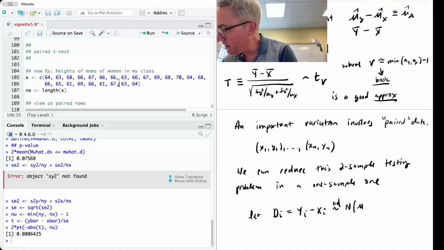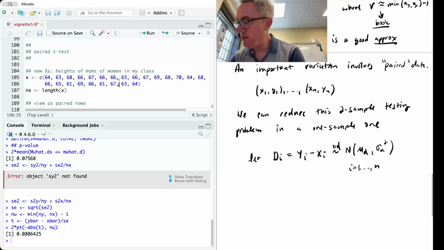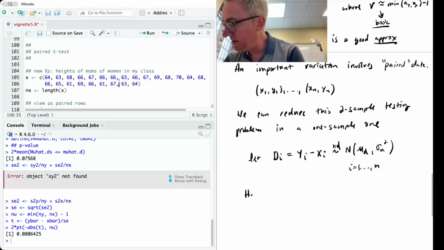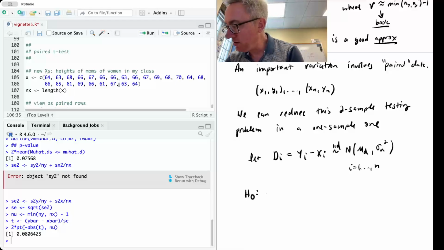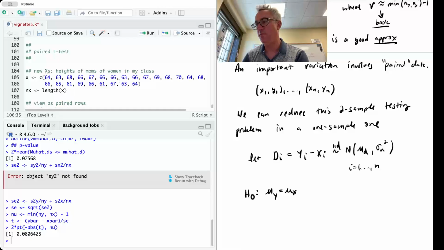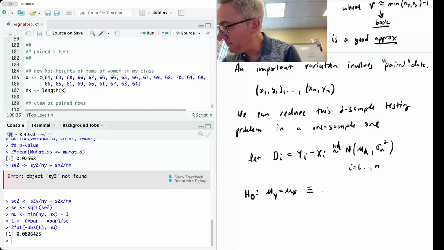It'll have some mean mu_d and variance sigma_d squared for i equals 1 up to n. To detect any differences in the means, thinking about mu_y and mu_x, that's basically the same as mu_d being 0.